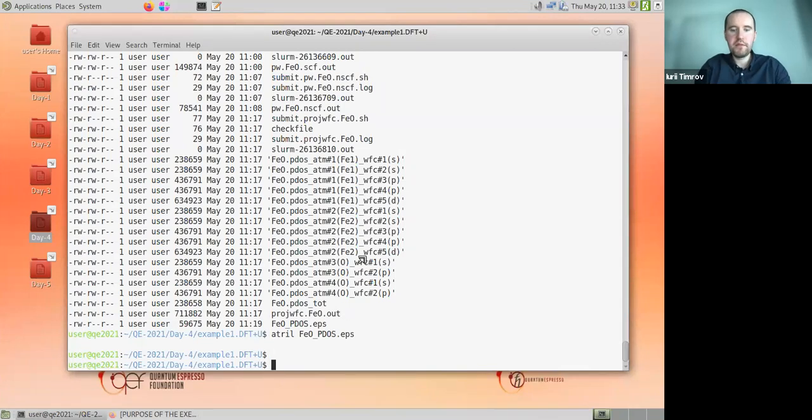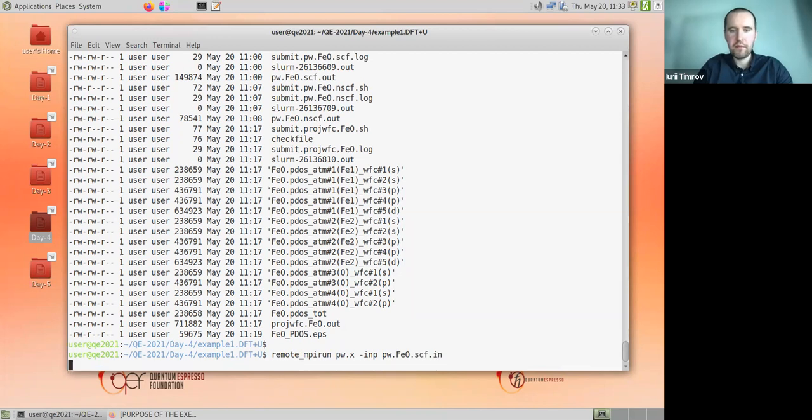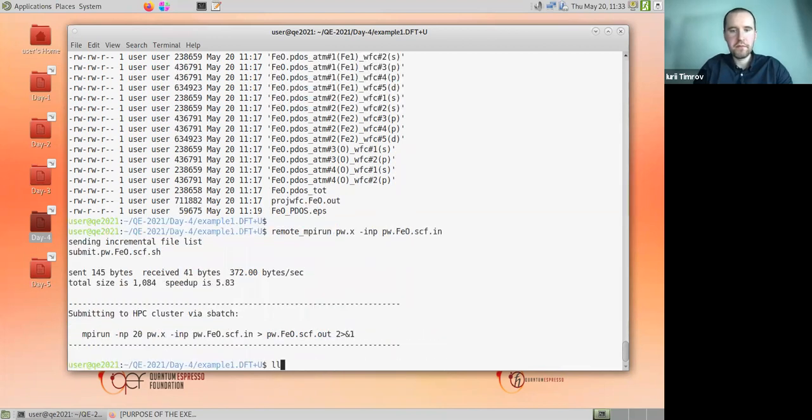So let's do that. We do remote mpi run pw.x -input, and the name of the input file, pw.iron-oxide SCF input. Remote squeue to check.